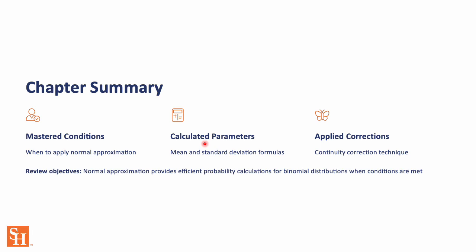So the formula for the calculation of mean for the binomial distribution was n times p, and the formula for the standard deviation was square root of npq, right? That we have discussed. And we have also discussed that since the binomial probability distribution is a discrete distribution and the normal distribution is a continuous distribution, therefore to convert a binomial distribution to a normal distribution, we need to use some continuity correction, right? And we have also discussed how we can do that.